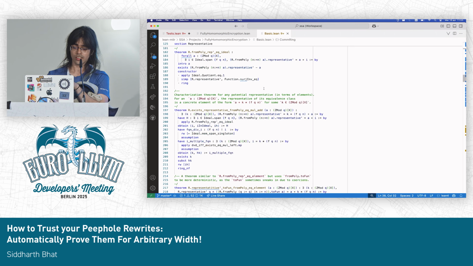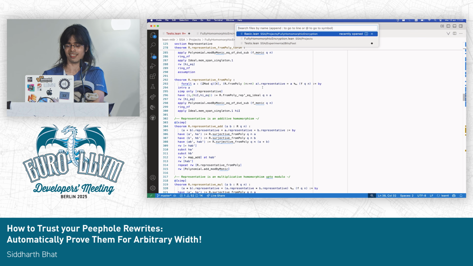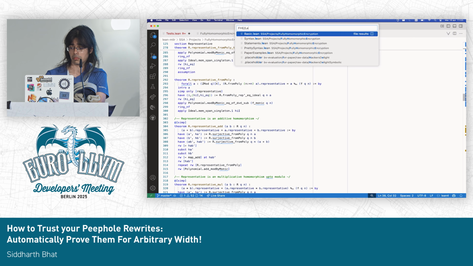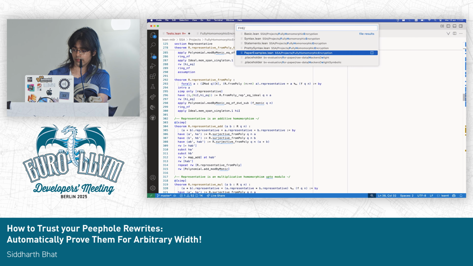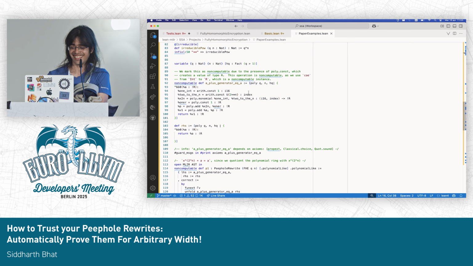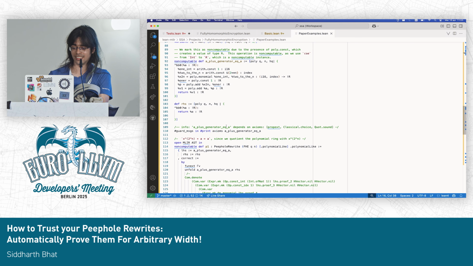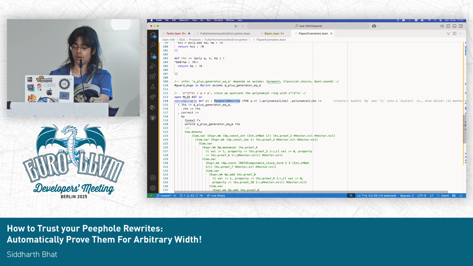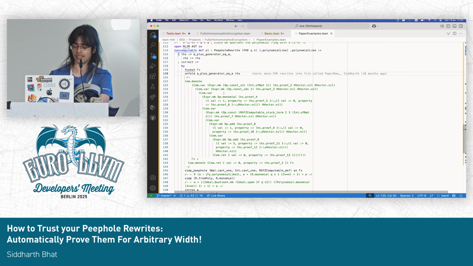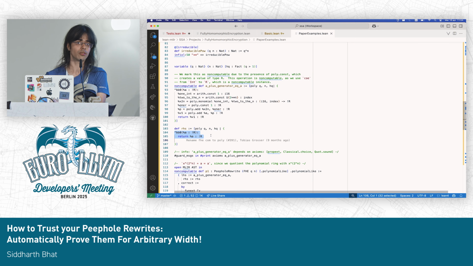So we have a formal semantics of all of their operations, and I think we've even proven some rewrites about it. We do have proofs of peephole rewrites that show that, say, adding the generator in the ring is equivalent to an identity or whatever.